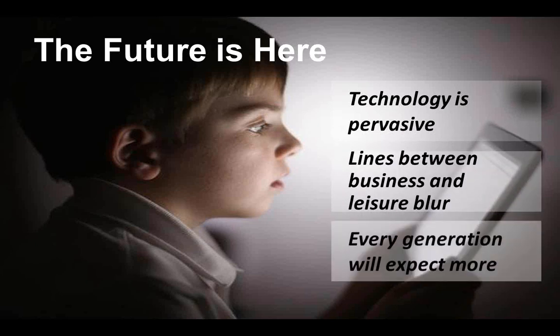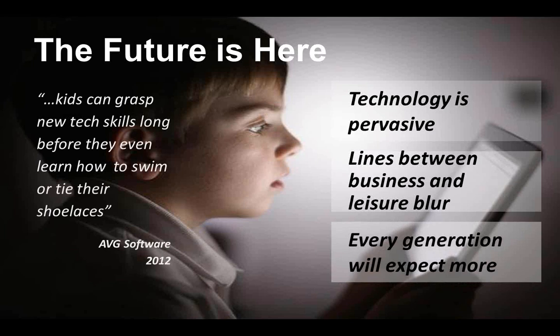And really what we see first is that the future is here. Technology is pervasive in the sense that there is more technology, more ways to find content, whether it's hotel content or really anything out there in the world. And so we continue to see the lines between business and leisure blur.